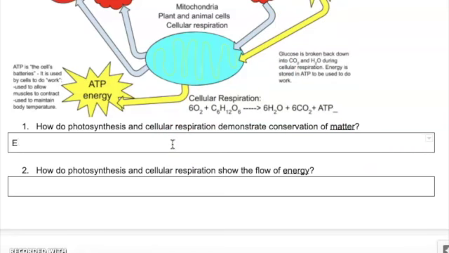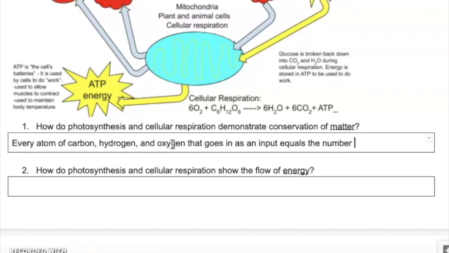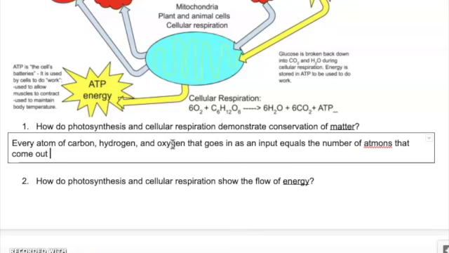But so that we all understand, every atom of carbon, hydrogen, and oxygen that goes in as an input or reactant equals the number of atoms that come out as outputs or products.